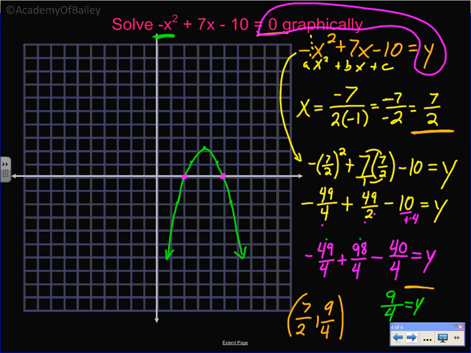These ones fall perfect on those numbers because that ordered pair is 2, 0, and the next ordered pair is 5, 0. So we have answers. We have roots of this equation. The roots are going to be 2 and 5. Those are the zeros of the function, 2 and 5.